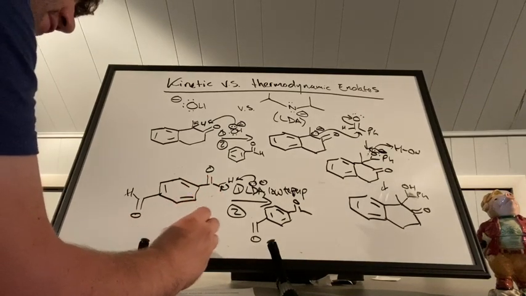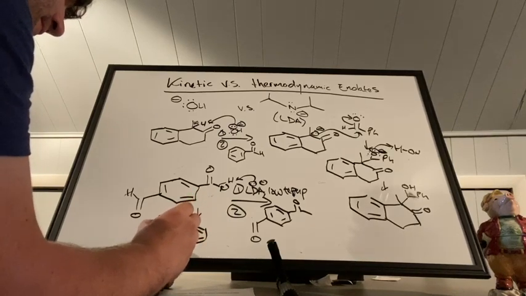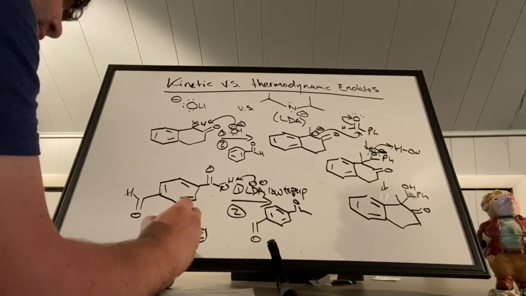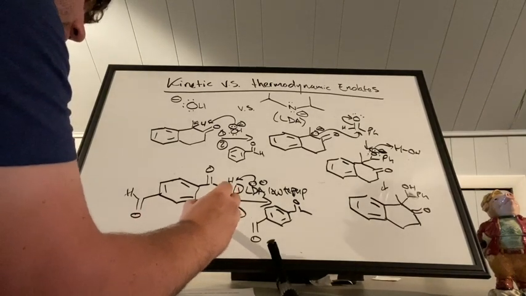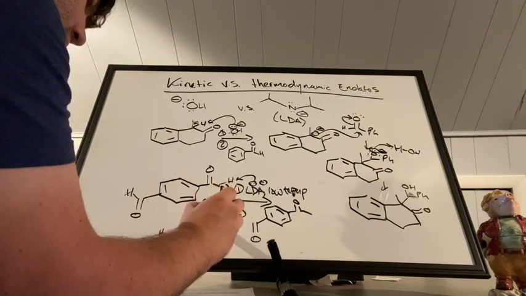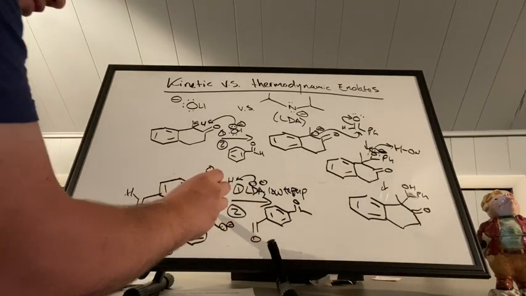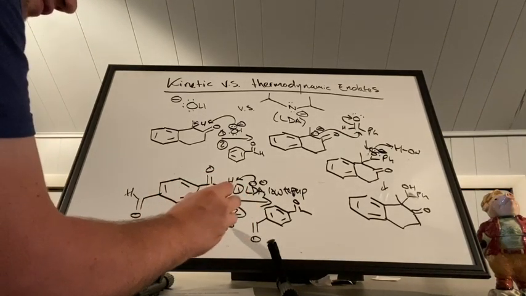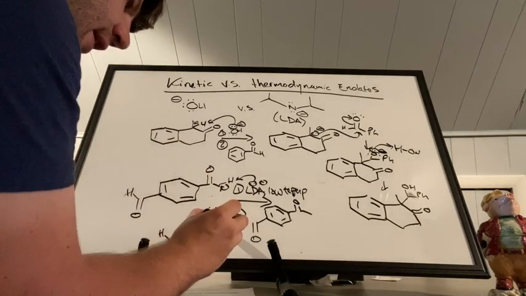Sorry, I'm running out of space here. I'm trying to keep this condensed and to the point as possible. So we have, again, an enolate that can resonate back and forth with this CO double bond, so it's going to sway back and forth.